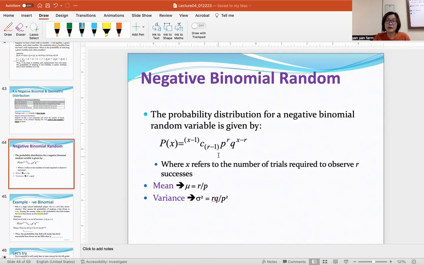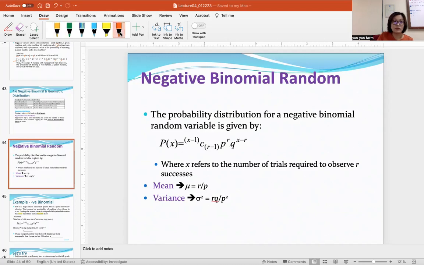For example, I want to try 10 times and I need 2 successes among the 10 times. So x minus 1 combination r, where r is 2 because I'm looking for 2 successes.